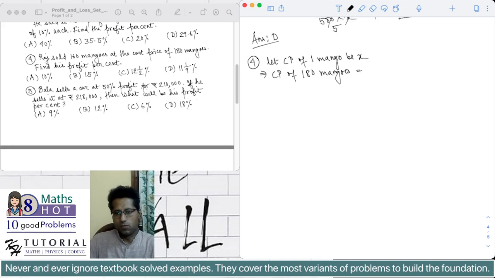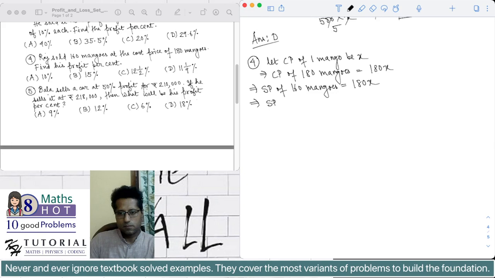is equal to 180x. So this implies the selling price of 160 mangoes will be equal to 180x. This implies the selling price of one mango. We will find the loss or profit percent based on the selling price and the cost price of one mango.